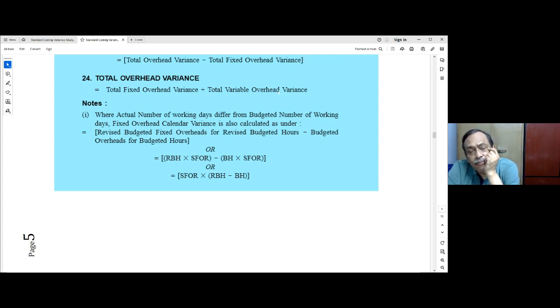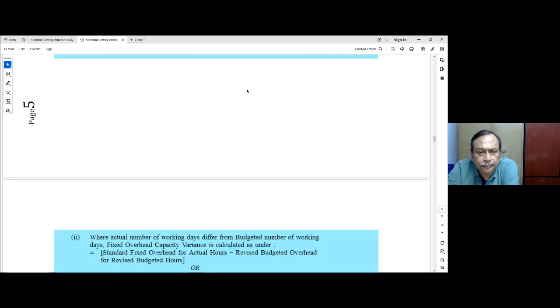Or symbolically, RBH into SFOR minus BH into SFOR. Or we may take SFOR common and multiply by the difference between revised budgeted hours and budgeted hours.